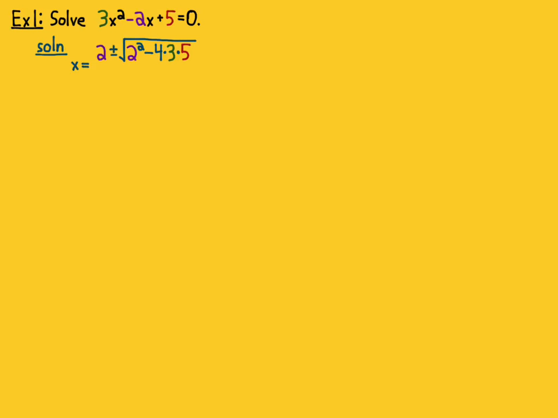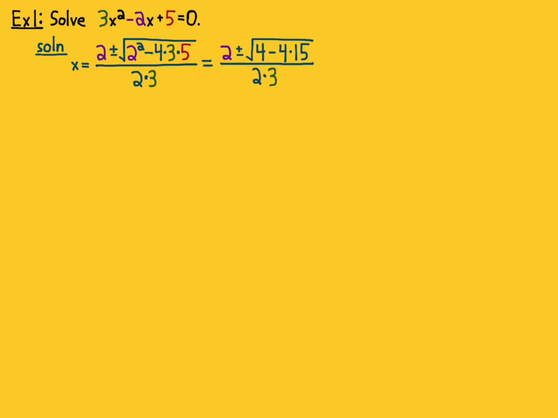Minus 4ac, right? 4 times a times c, divided by 2 times a, 2 times this one, a. So there's always a minus 4 here. There's always a 2 here. Okay, so I simplified it. I'm starting to simplify it this way.